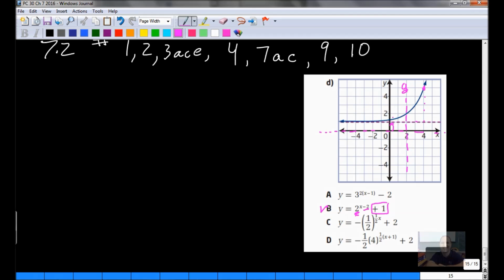So this was the original one right here, right? And so this has been moved from here 2 units to the right. So that makes sense there. And if you look at this base, then if you go over 2, and you go 2 squared would be 4. So 1, 2, 3, 4, and it does match up. So it's B.